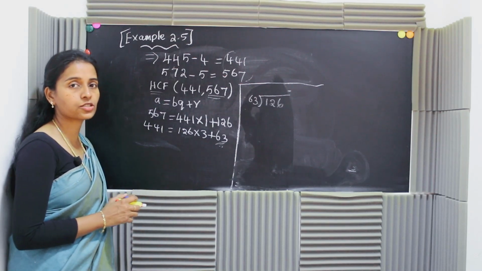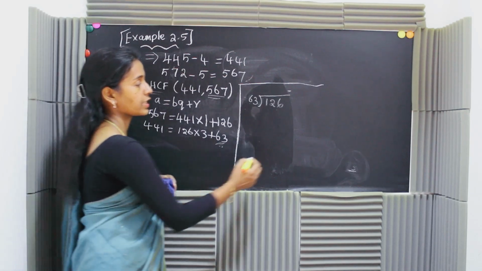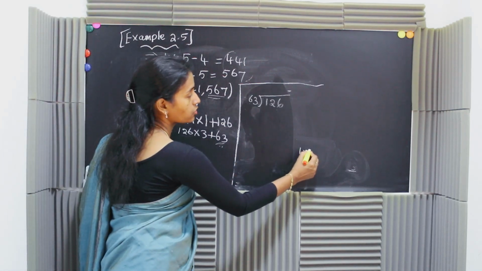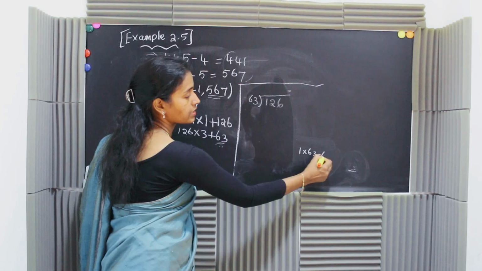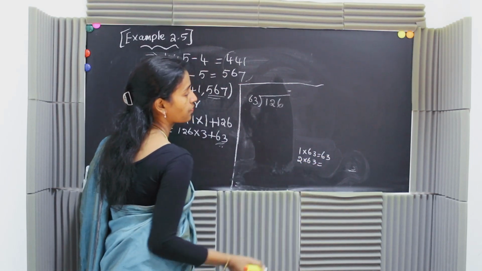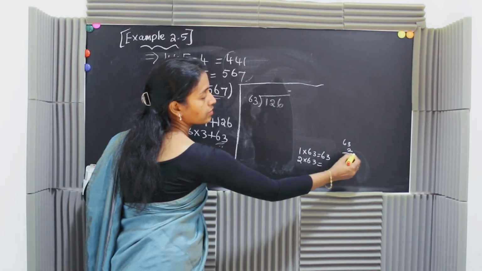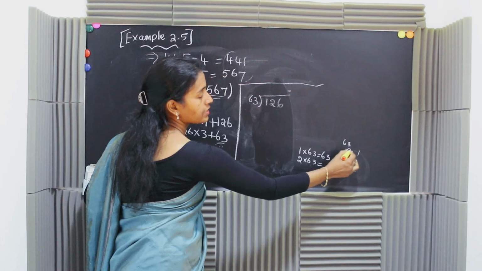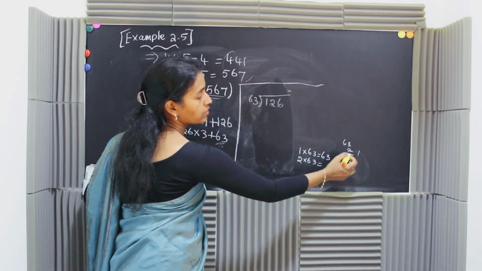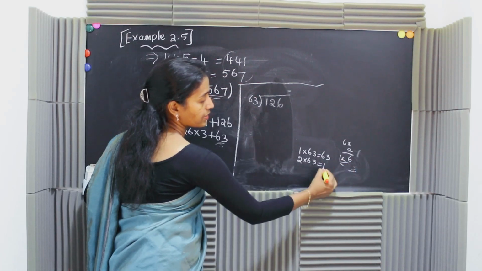So here we need to divide 126 by 63. We can check. 1 into 63 becomes 63. 2 into 63 becomes 126. 3 twos are 6. 6 into 2, 12. 126, right?